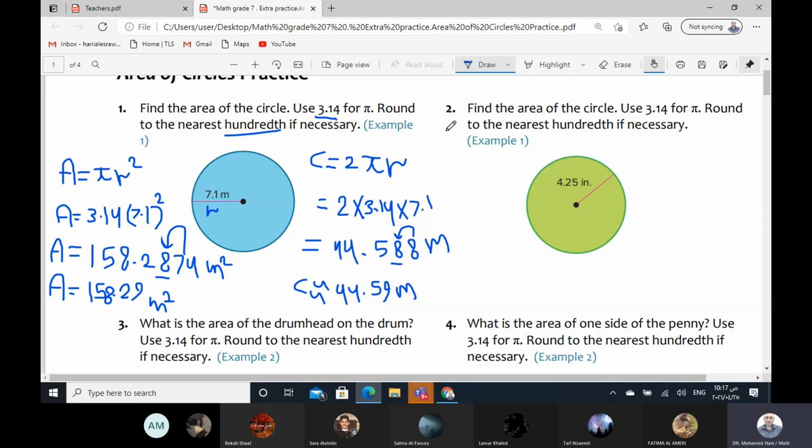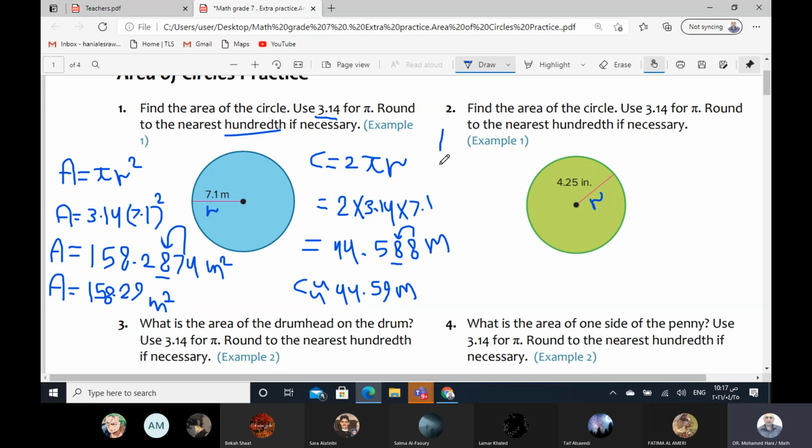Also here, find the area of the circle. Use 3.14 for the pi. Round to the nearest hundredths if necessary. And here the same idea. The information here we have is r.